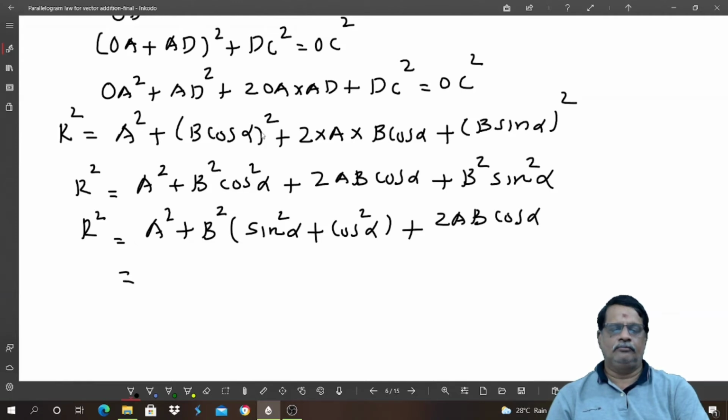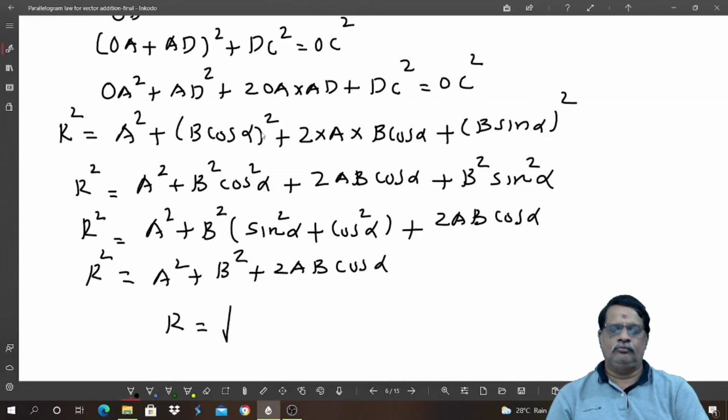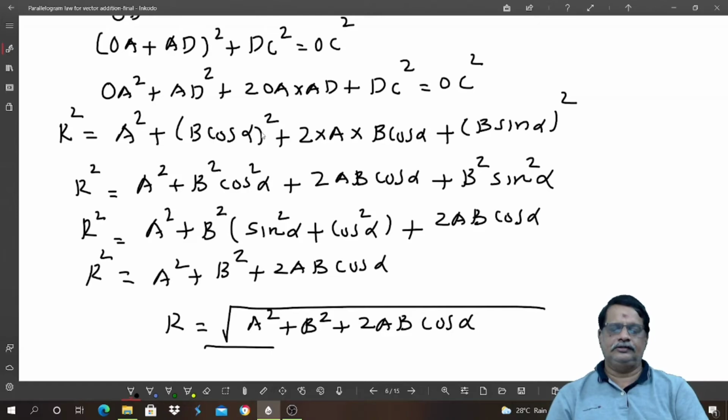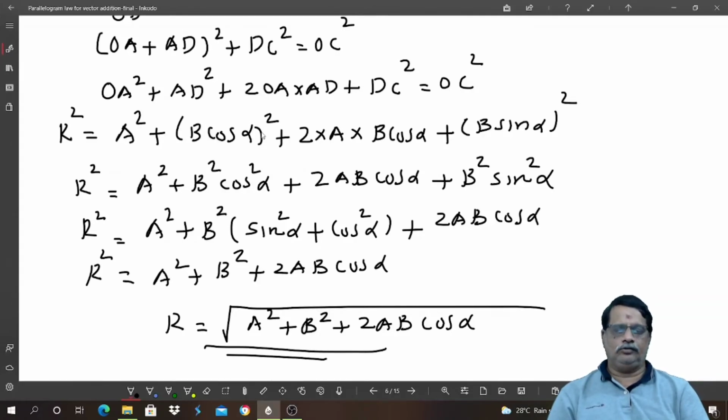All of you know sin square alpha plus cos square alpha is 1. So this is A square plus B square plus 2AB cos alpha. That is our R square. So what is your resultant R? R equal to root of A square plus B square plus 2AB cos alpha. That is the magnitude of our resultant. Now you know that the resultant is a vector.